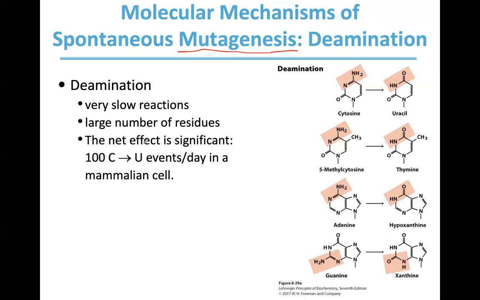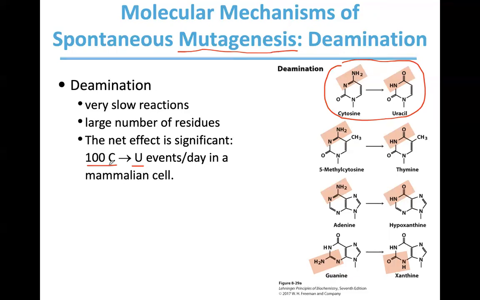So for example, every day we have 100 cytosines undergoing deamination, a process which I want to talk about in a little more detail in just a moment. So we have 100 of these occurring in every cell per day. So nature did not design DNA to be completely foolproof, right?